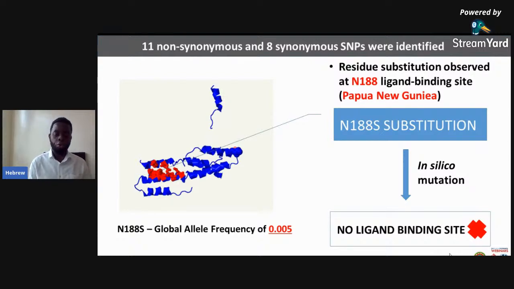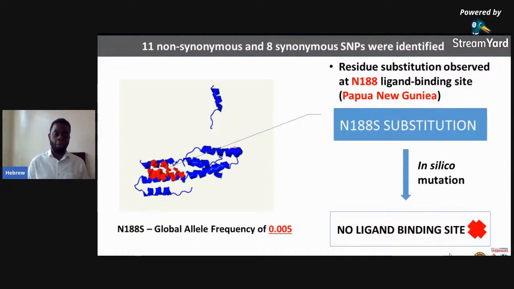So we did in silico mutation. In silico mutation in this case involved using BioEdit to physically change the residue in the sequence profile of the protein. So we replaced an asparagine with a serine, and we found out that after modeling the sequence again using FIRE and I-TASSER, we were not able to get the same ligand binding site at that position.